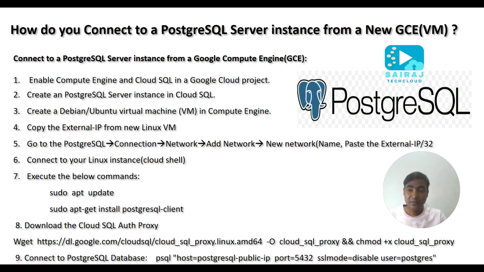First of all, you can enable your Compute Engine and Cloud SQL in your Google Cloud project, and you can select your desired project based on your project requirement. Then you can create a PostgreSQL server instance in Cloud SQL. After that, you can create a new virtual machine or new Linux server in the Compute Engine web portal.